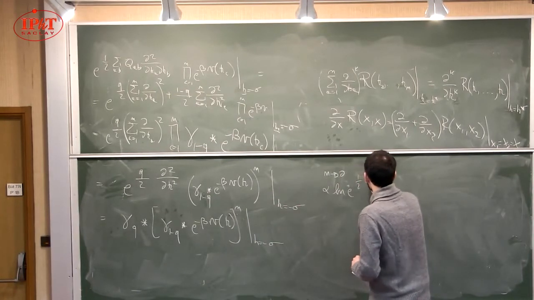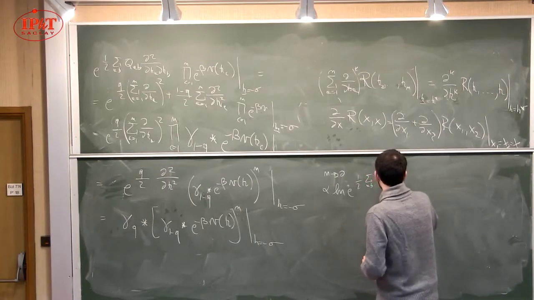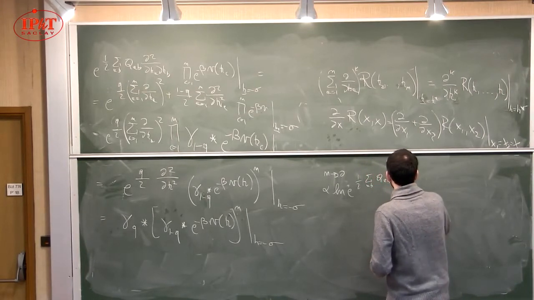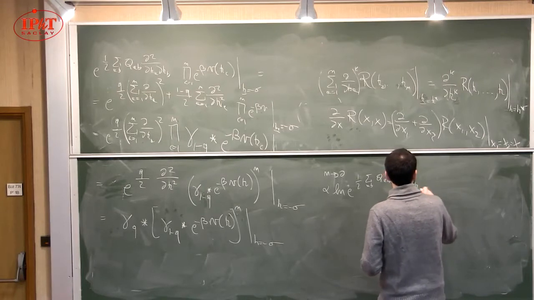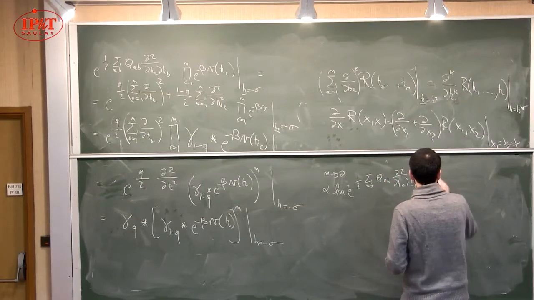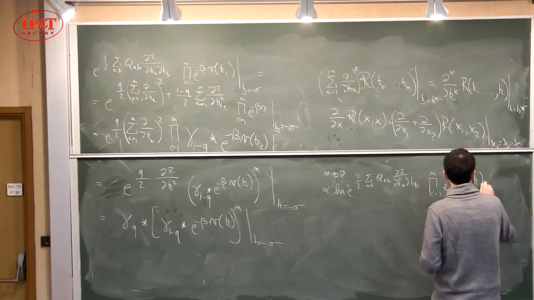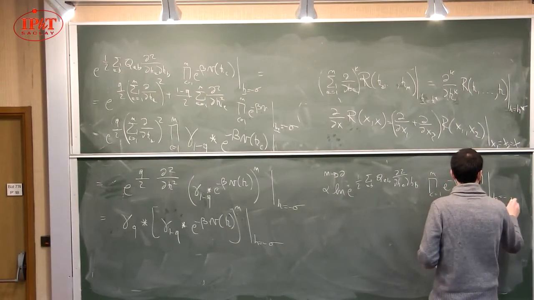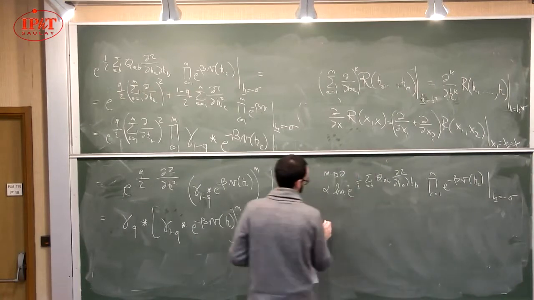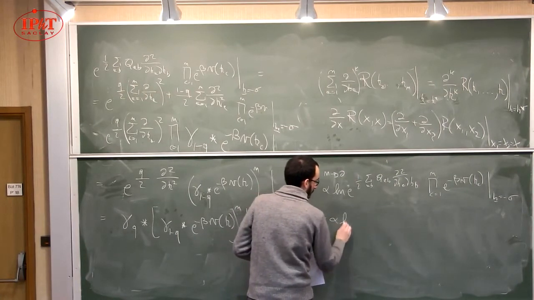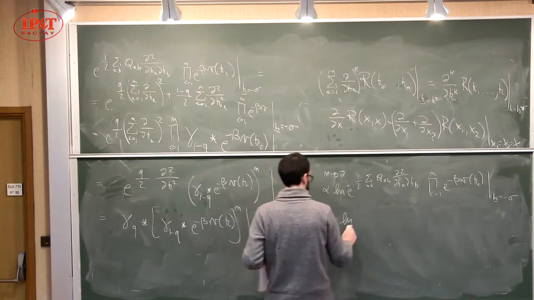We started from this. So this is alpha times log of this. So it's gamma of q.